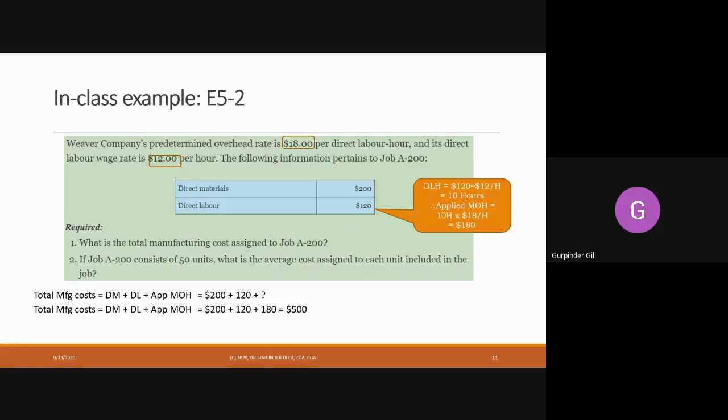So that takes care of part one, which is your total manufacturing cost: direct material, direct labor, and applied manufacturing overhead. Now for number two, if job A200 consisted of 50 units, what is the average cost assigned to each unit included in the job? So if our total cost is $500 and there are 50 units in this batch, then the average cost per unit is $10 a unit.